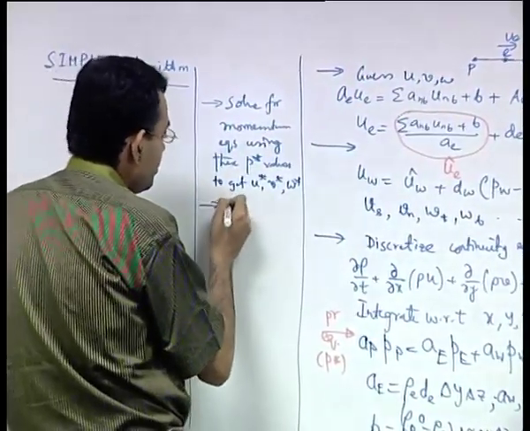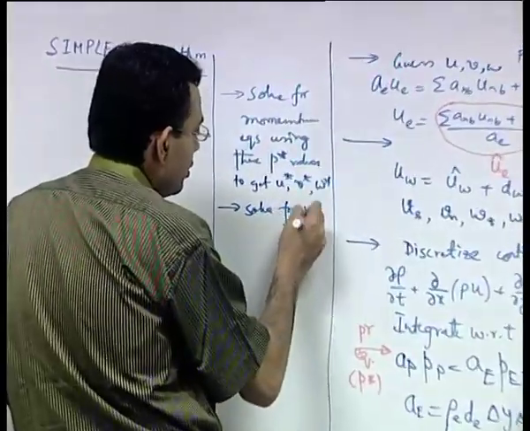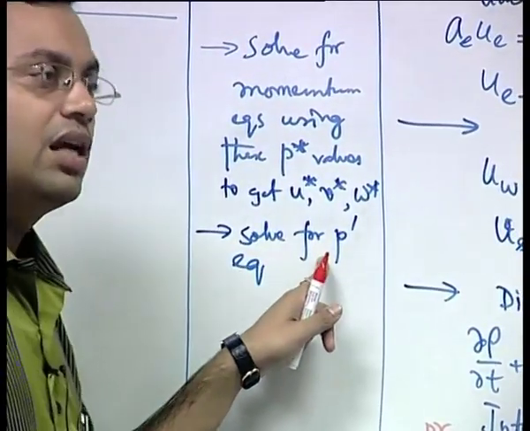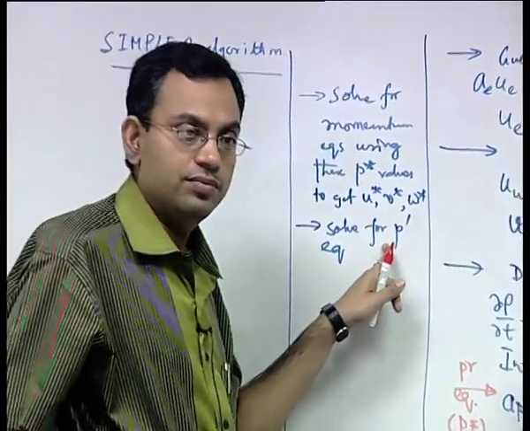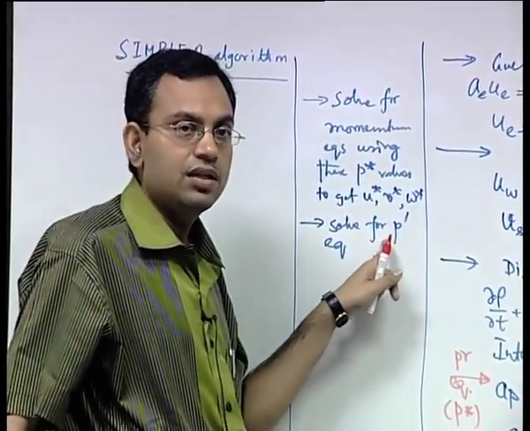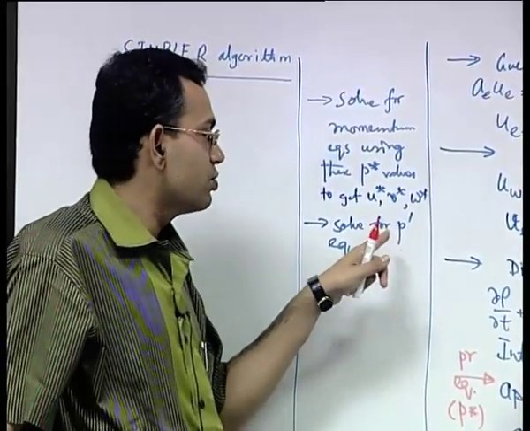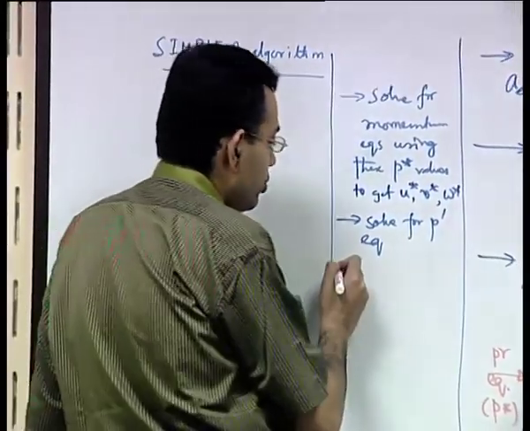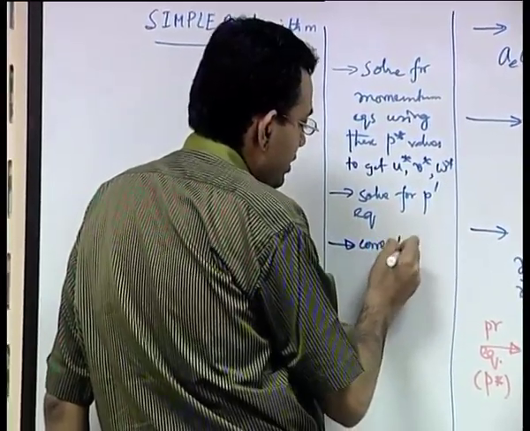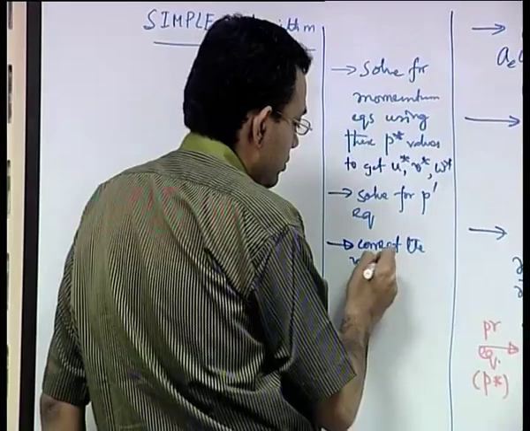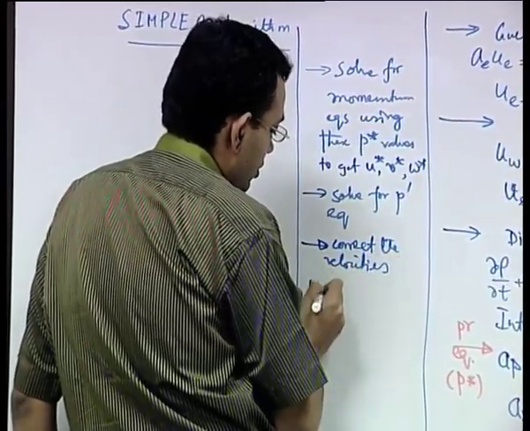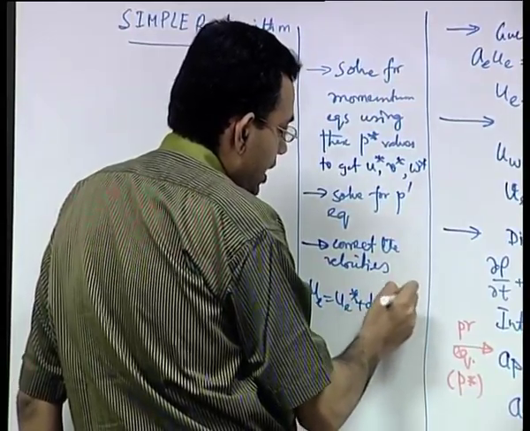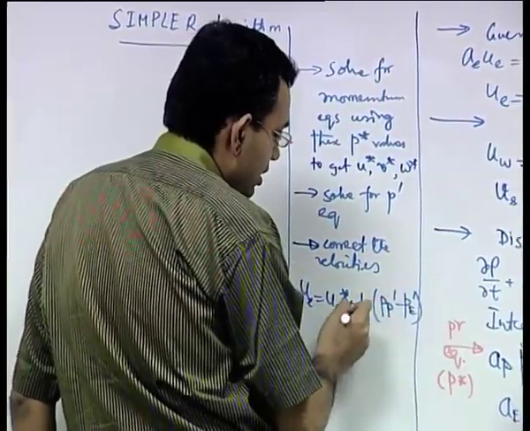So next step will be solve for P dash equation. Pressure correction equation is exactly same as that in the simple algorithm, exactly same. So once you solve for the pressure correction equation, then next what you do, you correct the velocities: ue equal to ue star plus de into pp dash minus pe dash, similarly other velocities.